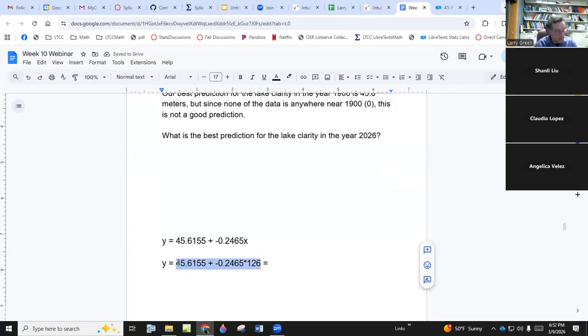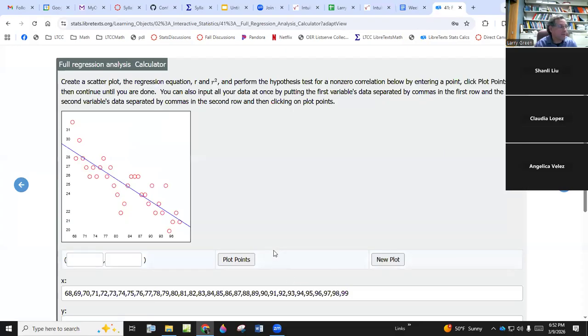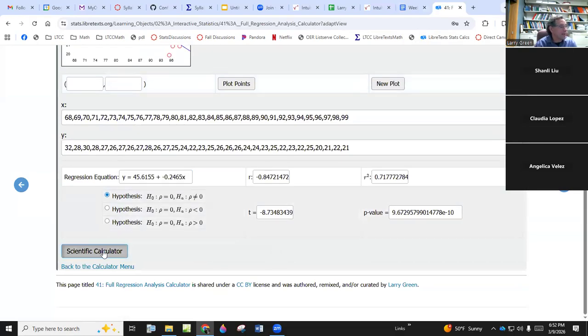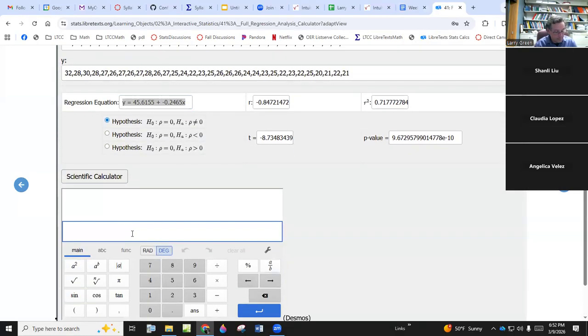When I do that, I can go to the scientific calculator. Pop it in. And I get about 14.6.